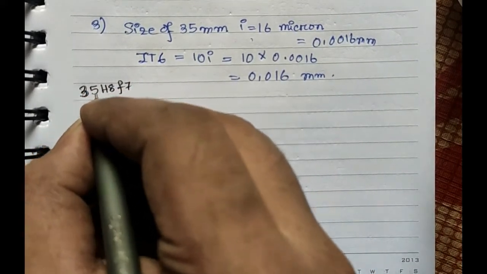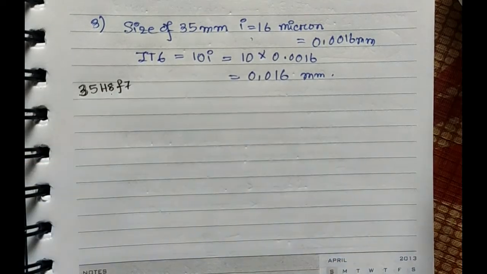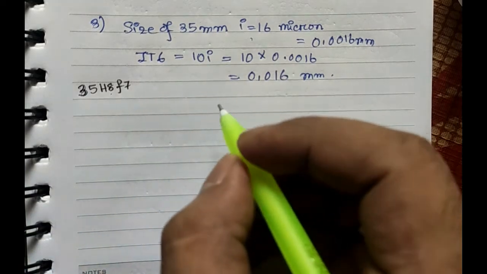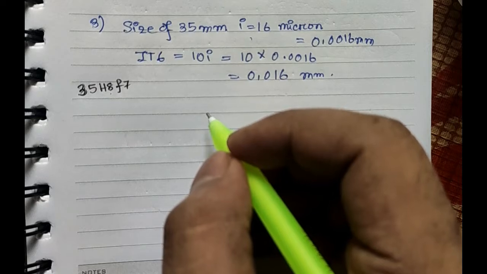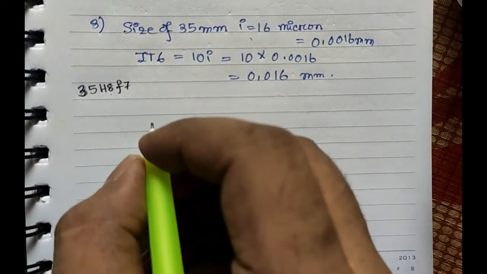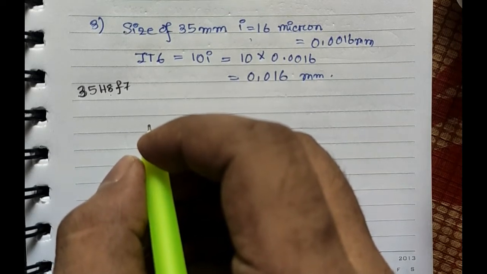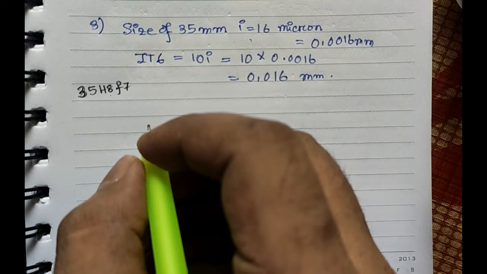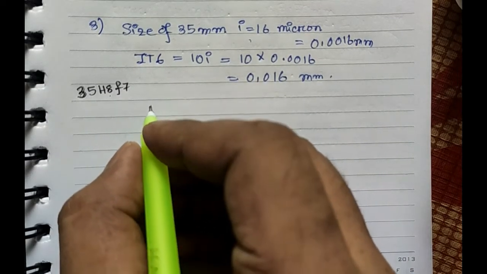So the diameter is 35, and you have to find the IT8 and IT7 grades to get the tolerance values. The subsequent tolerance grades are based on the R5 series. In the R5 series, the subsequent tolerance grade is obtained by multiplying the preceding grade with a certain constant value.